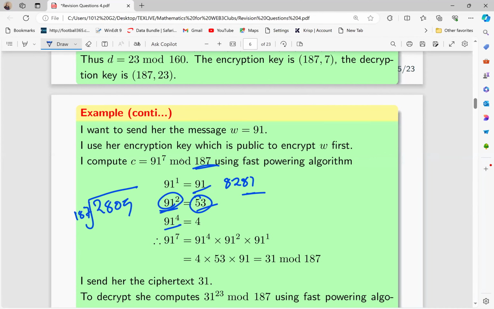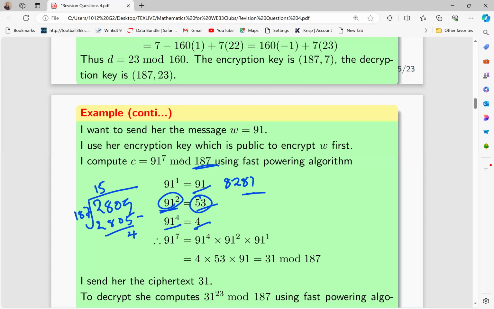How many times does it go there? 15 times. What is 15 times 187? 2805. What is the remainder here? That's what we note here. We note the remainder. That's what we write there.